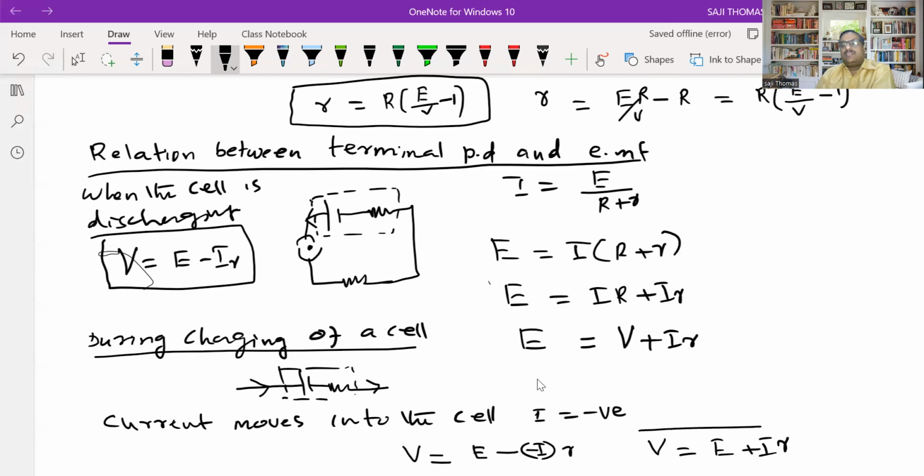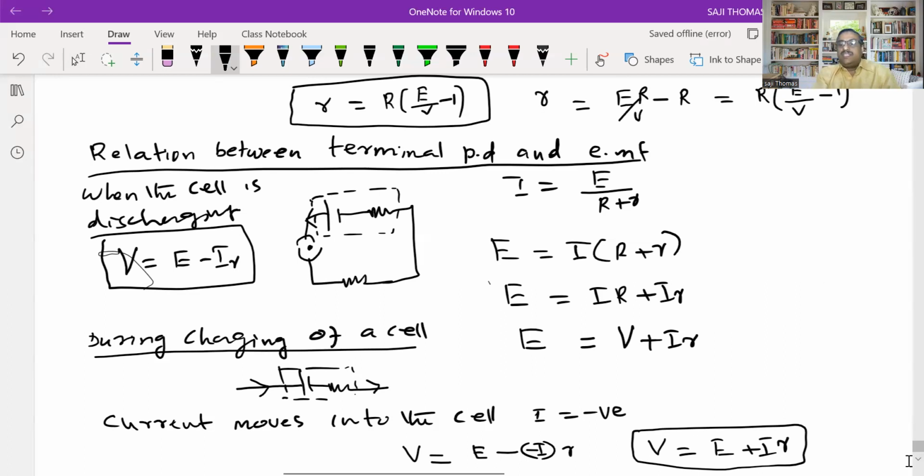Then the terminal voltage will be more than the EMF. So remember, when the cell is discharging, terminal potential difference is less than EMF. When the cell is being charged, terminal potential difference is more than EMF.